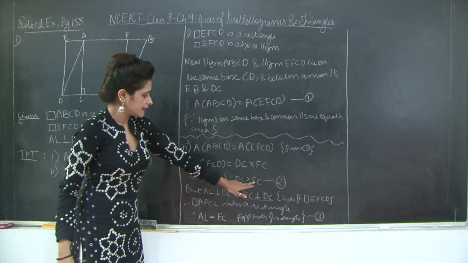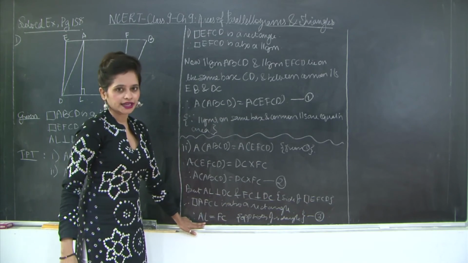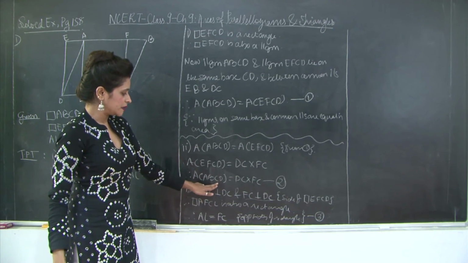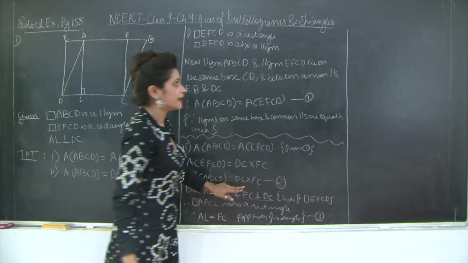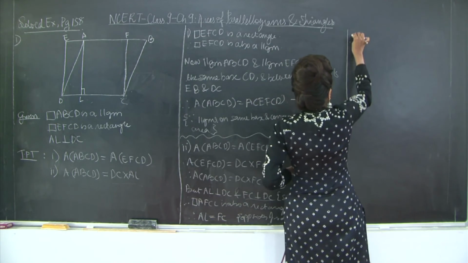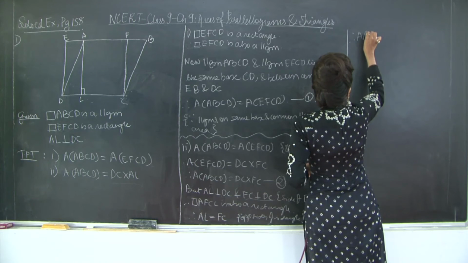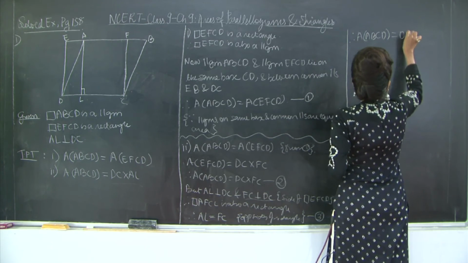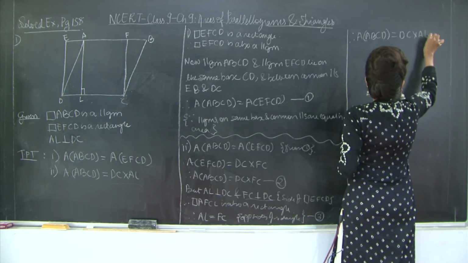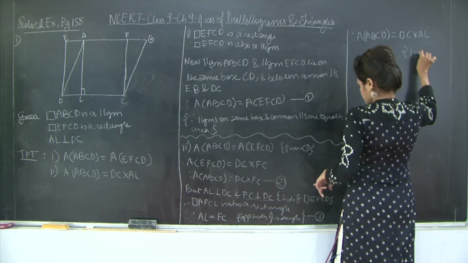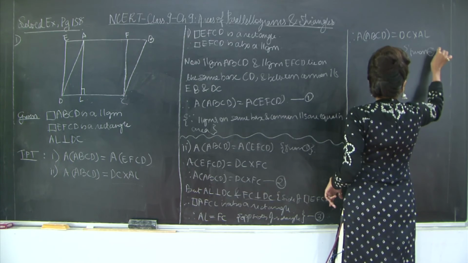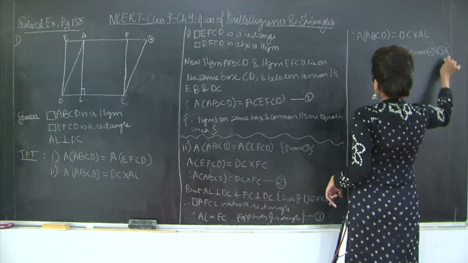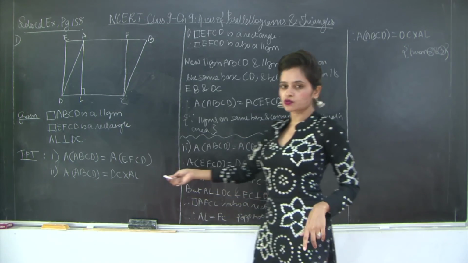From 2 and 3, instead of FC, you can substitute AL. Therefore, you get area of ABCD is equal to DC into AL, from 2 and 3. So this is what we needed to prove.